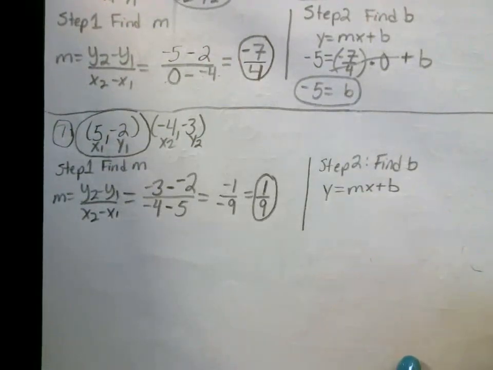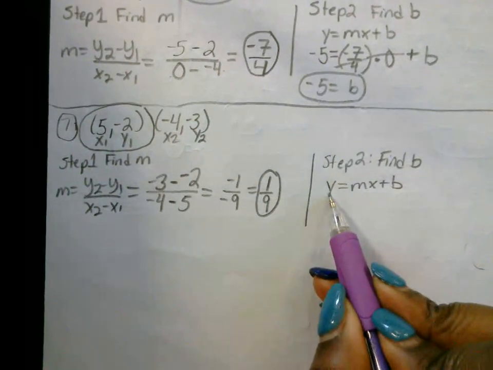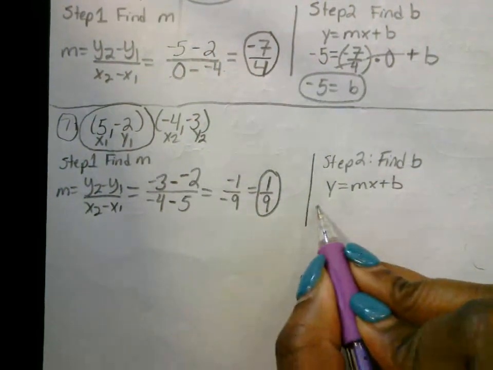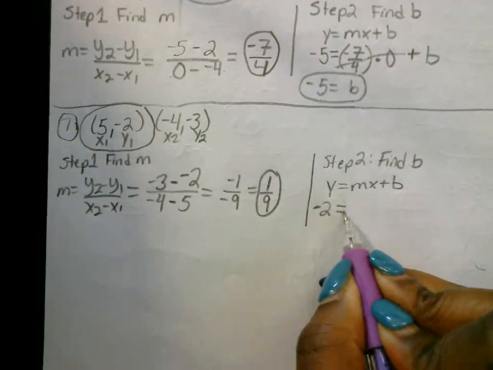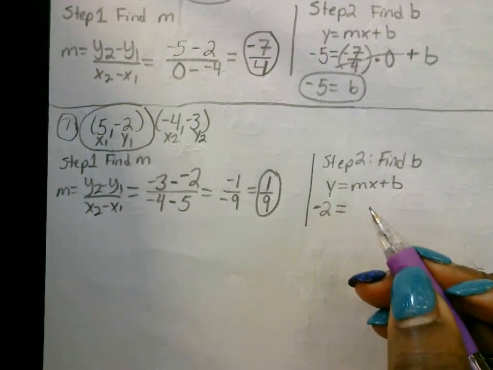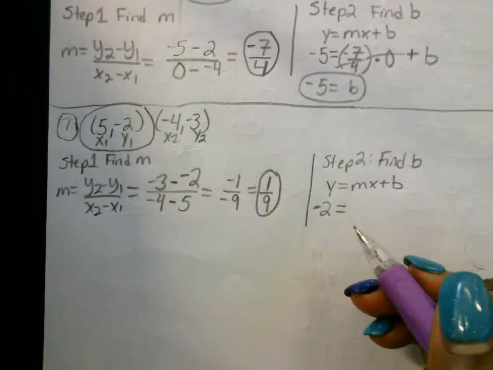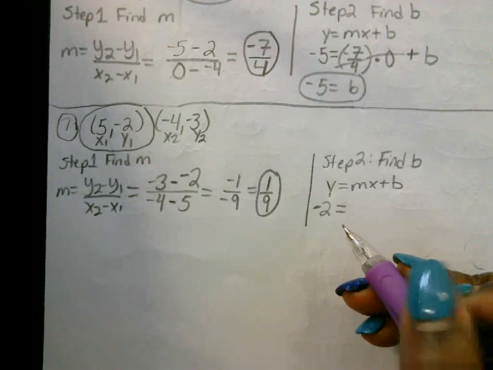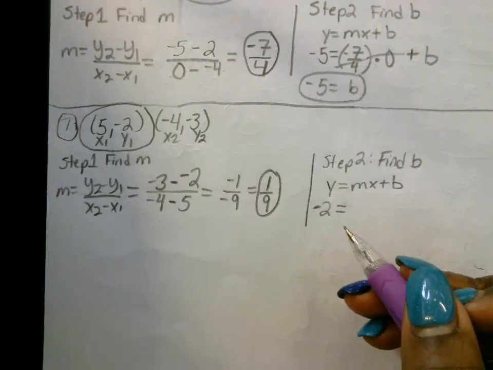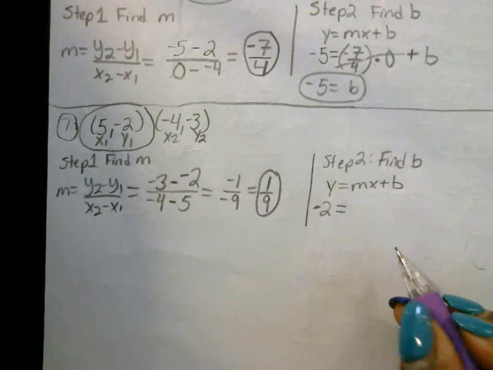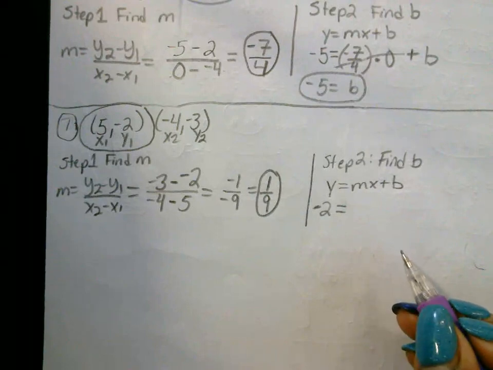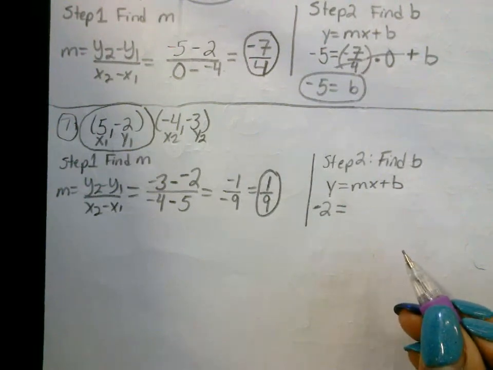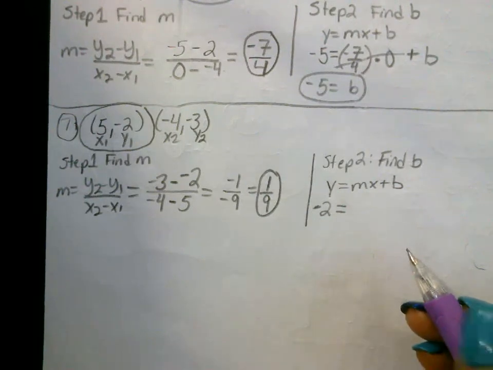Since we're using that first point, what are we going to substitute for y, Jaylee? -2. Good job. What are we substituting for m, Juan? Which one of those numbers is m? We just found m.